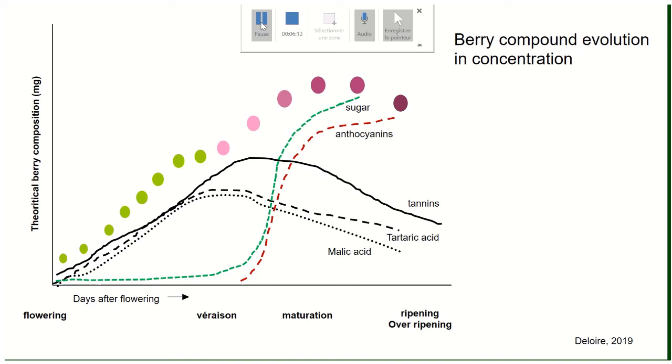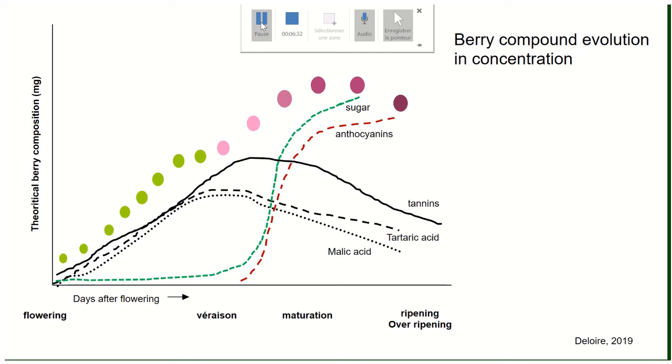So with two simple figures, and using some really important targeted compounds and doing some kinetics, because it's important to understand what is going on during berry growth and ripening. It's important to do kinetics.